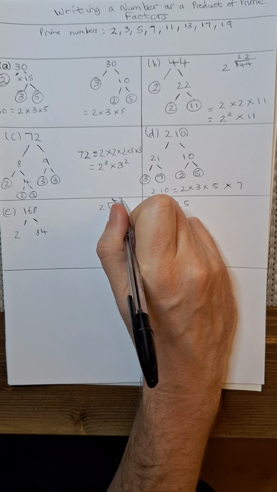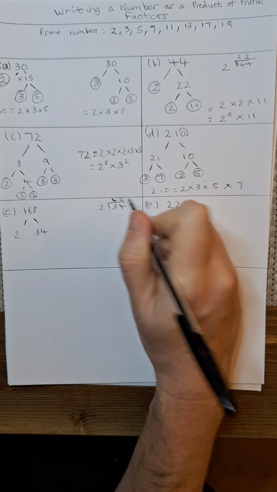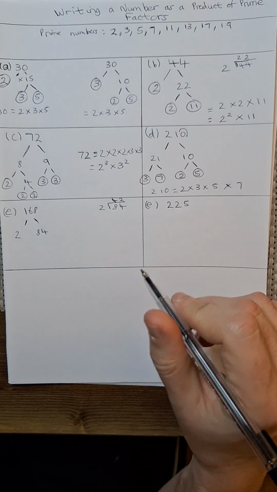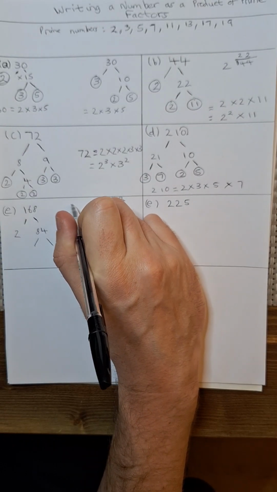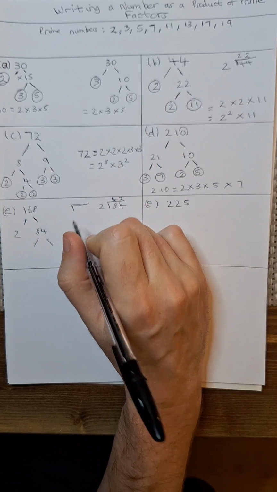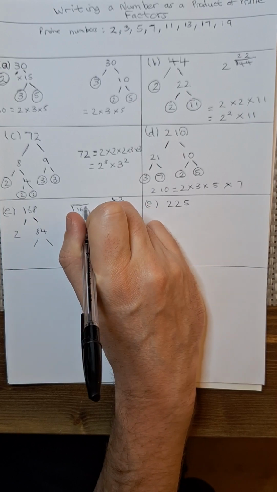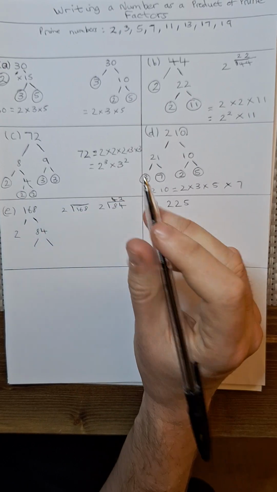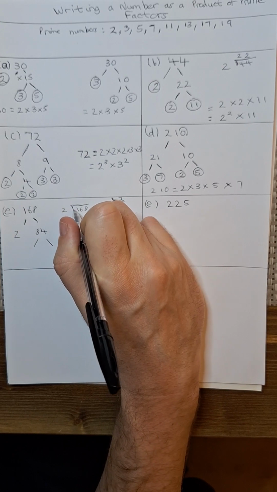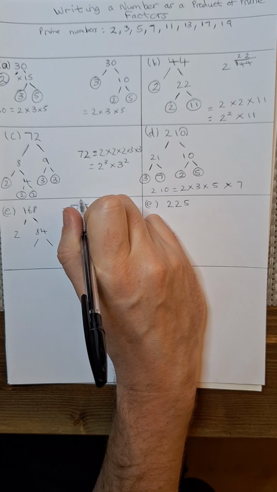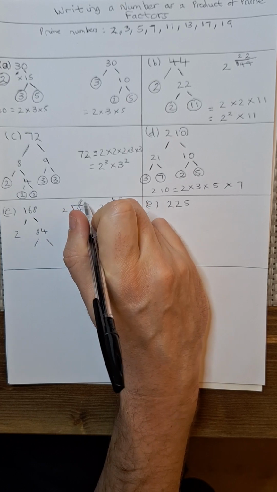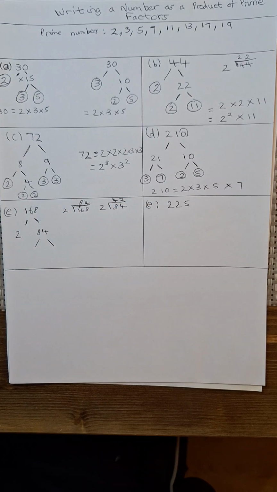If you wanted to do the first calculation, 168 divided by 2: 1 can't divide by 2, so bring it over. 16 divided by 2 equals 8. 8 divided by 2 is 4, so 84 here.